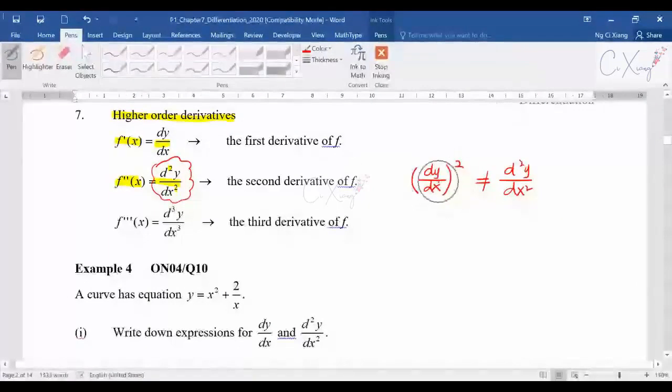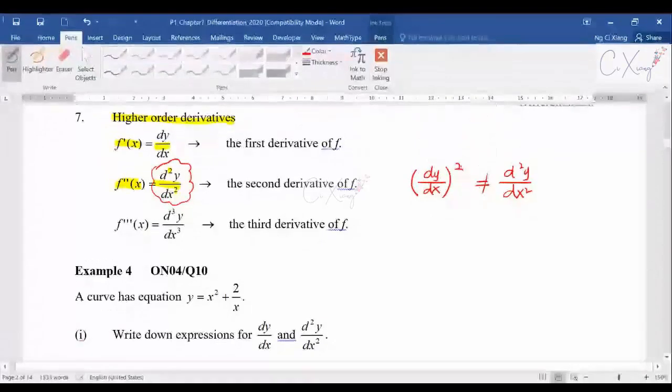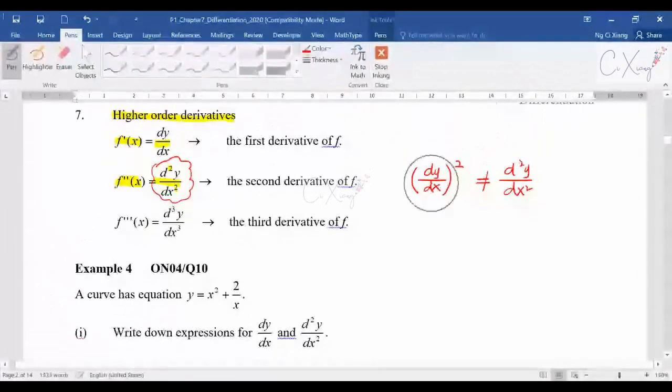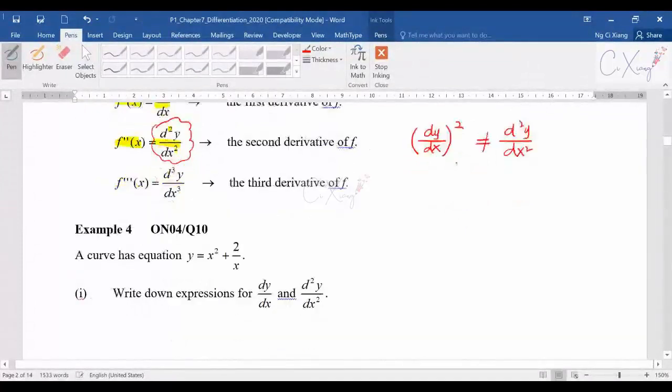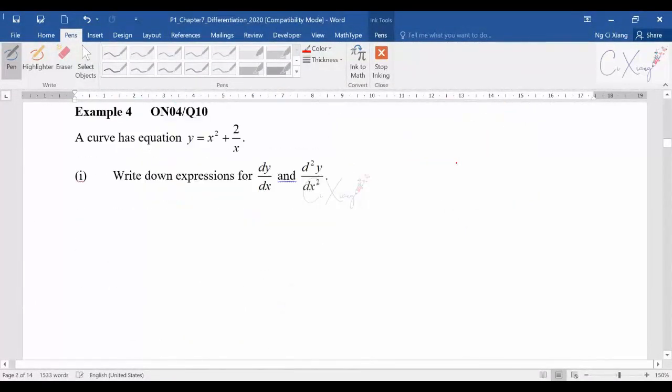While dy over dx all squared means that you are taking the square of the first derivative of the expression. So the meanings are different. Although they look like they both have squares, they are two totally different things. Just make sure that you don't get confused on this part. If there is no problem, then we'll discuss example 4.